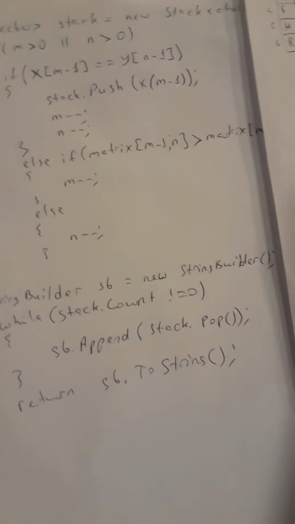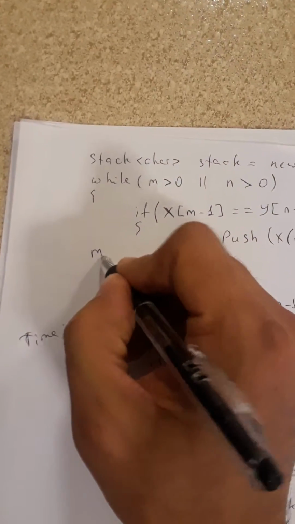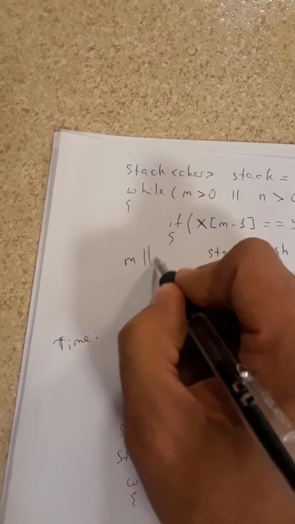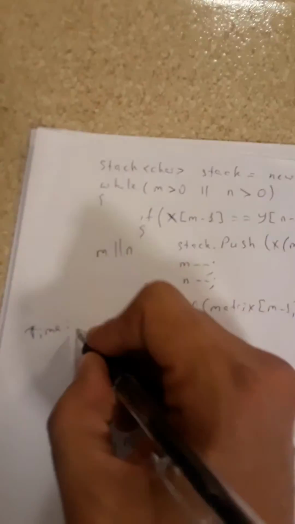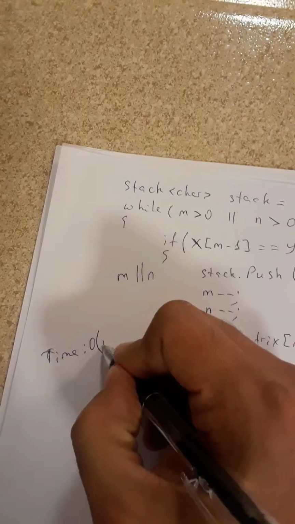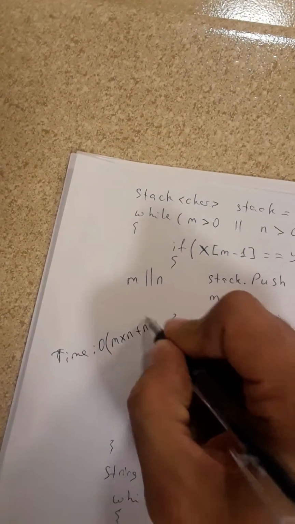Here actually, since we are going from the bottom to the top, the number of operations is either m or n, and the time complexity will be O of m multiplied by n plus n.